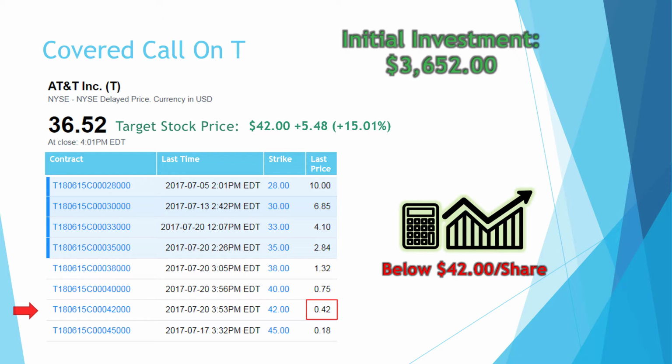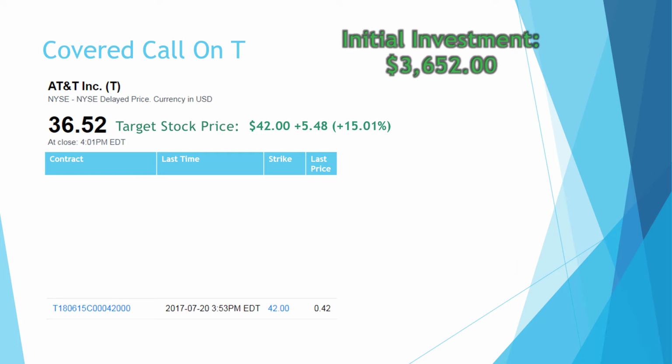As for exit strategy, I do not have to do anything because I will let the contract expire worthless and collect full premium, or if the stock moves above $42 per share, I will have to sell my AT&T stock at the strike of 42, which is fine because I will be able to obtain the 15% profit and the premium. Now let's create the scenarios for the price of AT&T on June 15th of 2018.